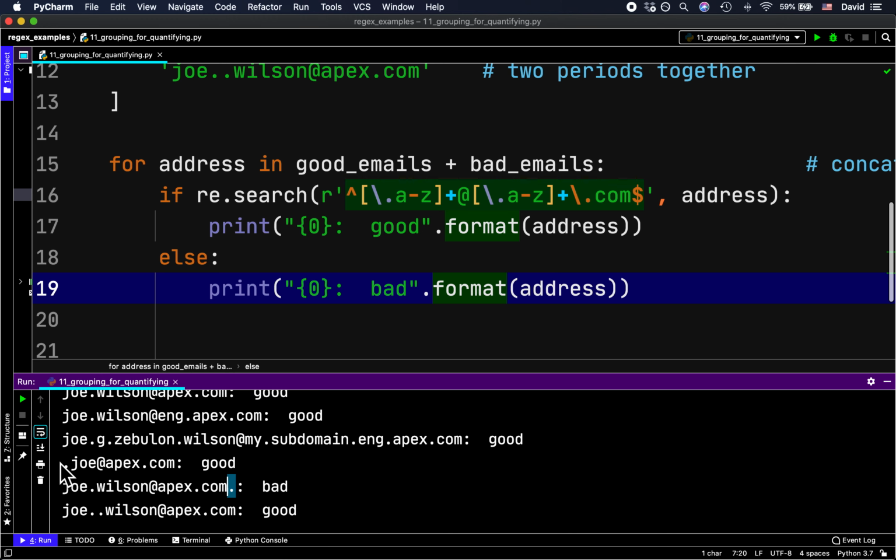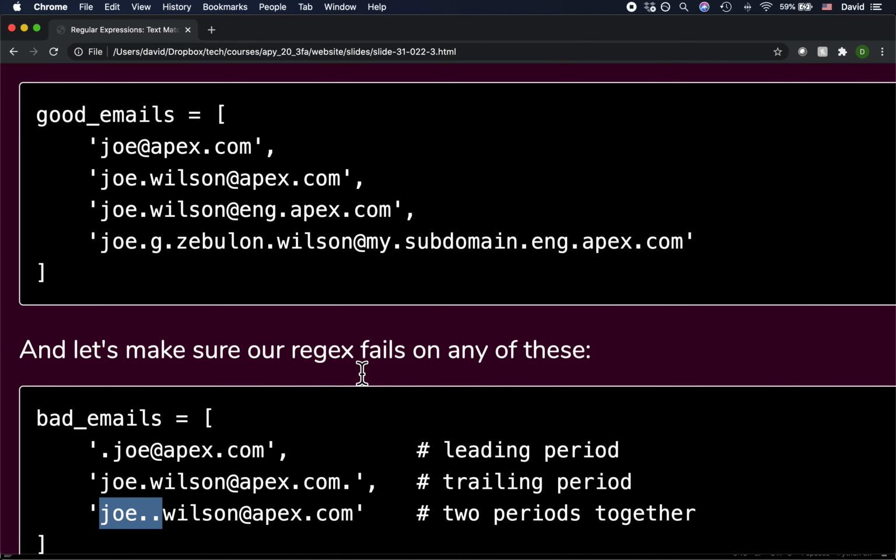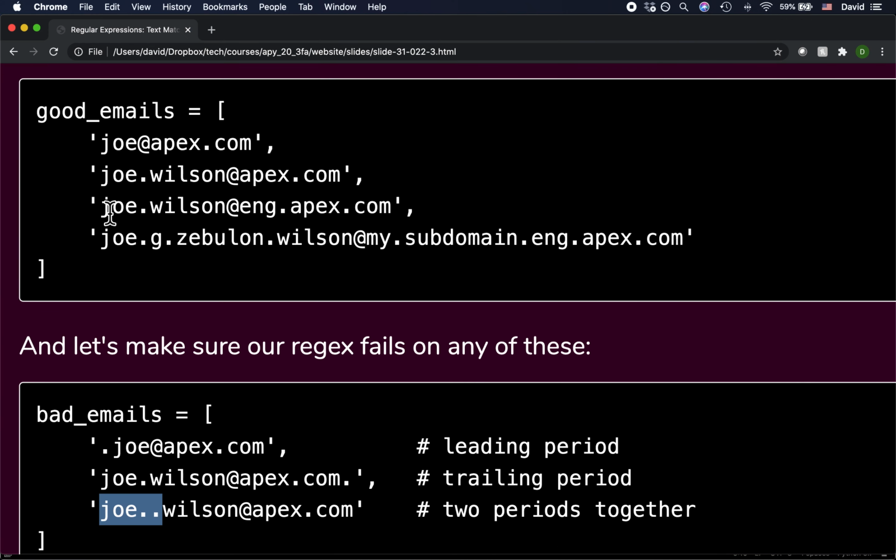But even ones that start with a dot, how are we going to avoid this? Well, there's one more sophisticated way that we could handle this, and that is to notice that the pattern is either Joe or Joe.Wilson or Joe.G.Zebulon. Do you see a repeating pattern here?